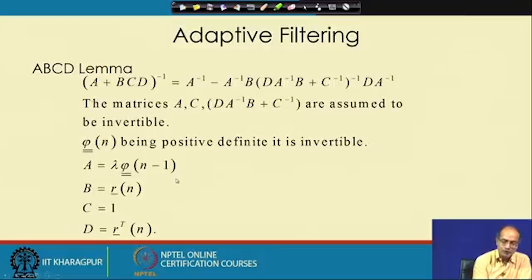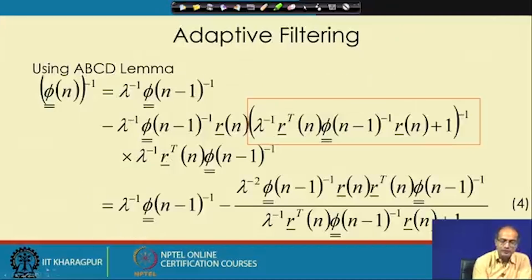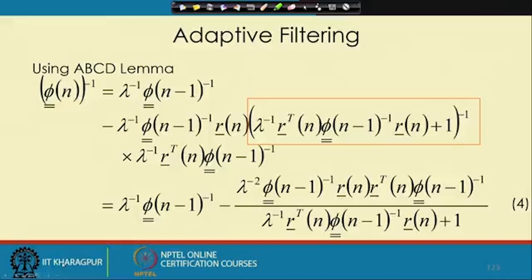Once we can write it, we make use of the ABCD lemma and represent phi n inverse in terms of the inverse of A, inverse of C and the other terms. As we write it in that form, we notice that we get a part, highlighted here, whose dimensionality is 1.